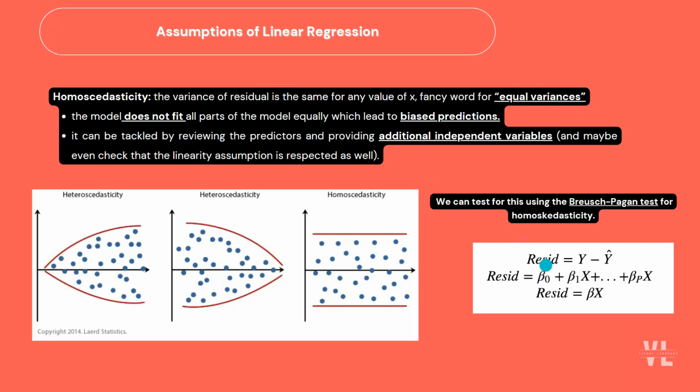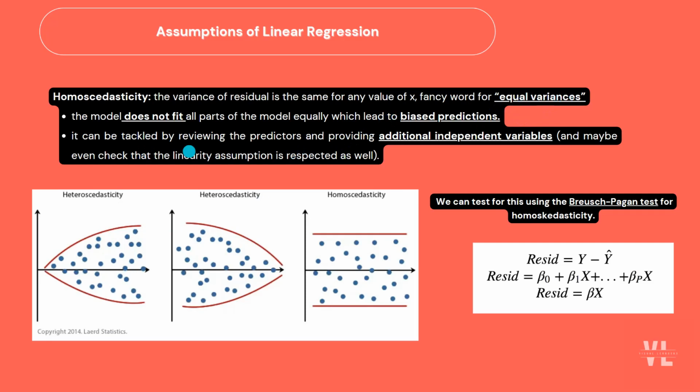Residual, as we have described before, is the difference between the actual and the predicted value. When this fails, the model does not fit all parts of the data equally, which leads to a biased prediction, and the model will not be able to mimic the distribution of the data.